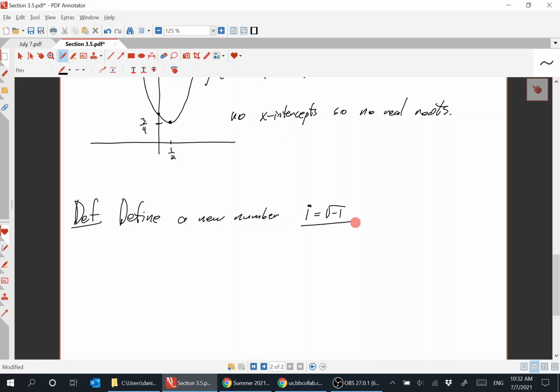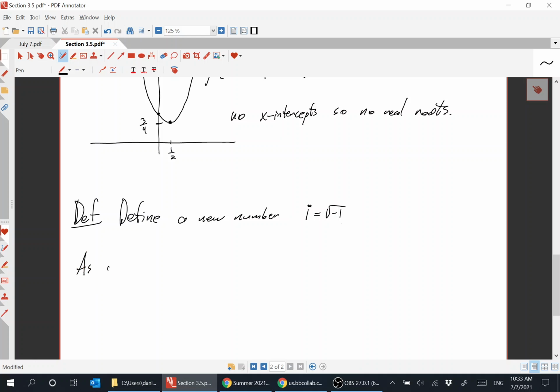So is this a worthwhile idea? The short answer is, oh, yes. In some sense, numbers that use this idea are more beautiful than the original numbers. I don't think we're going to be able to get into it, but here's just a taste.